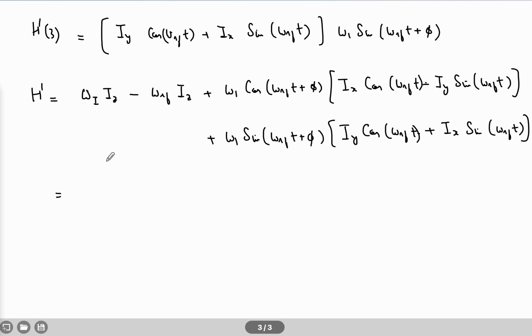Right. Okay. So now if you notice, this is omega I minus omega rf, which is nothing but the offset, very similar to the rotating frame transformation, and then this is Iz.